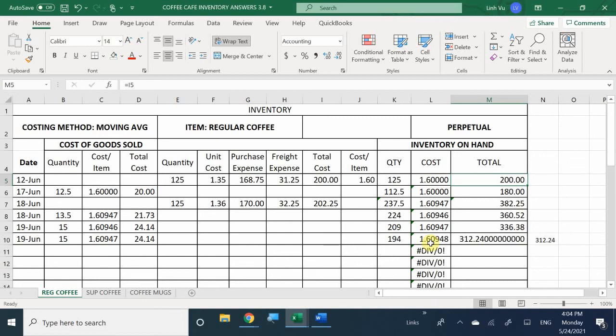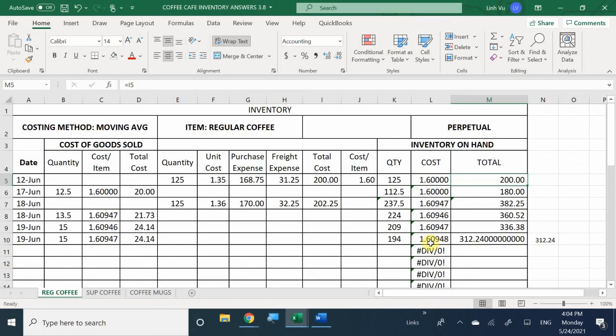The 194 times, again, the 10949, and I hit enter. I guess I get 312 and 23 cents.